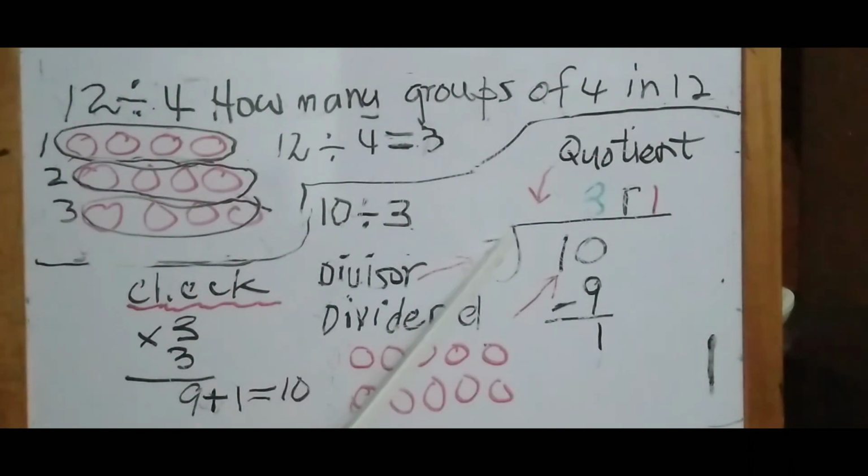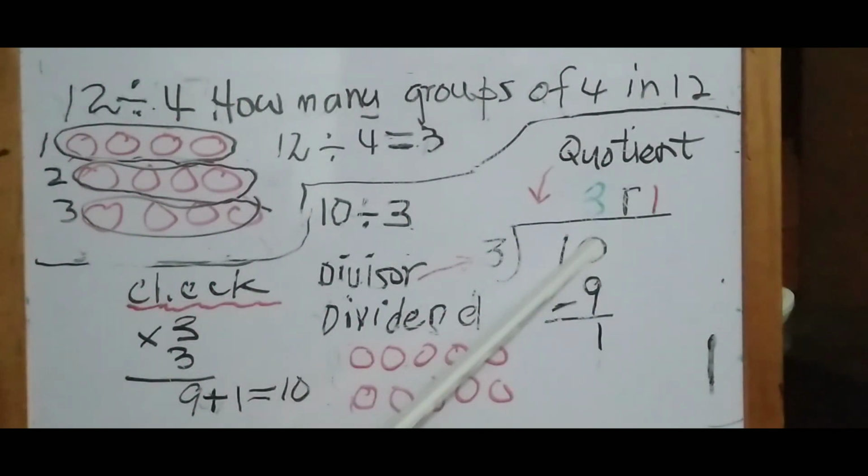A little curve there, and this horizontal line going across. Now, if you notice, we put the 3 here and we put the 10 there. There's a reason why we do that. We didn't put the 3 inside there and the 10 outside there. The bigger number usually goes inside, and the smaller number usually goes outside.